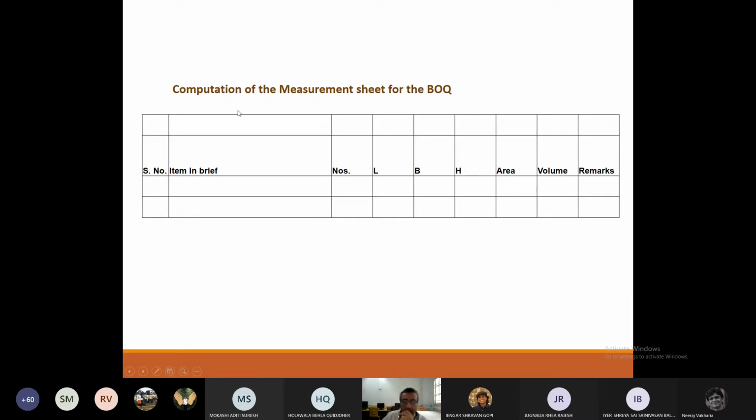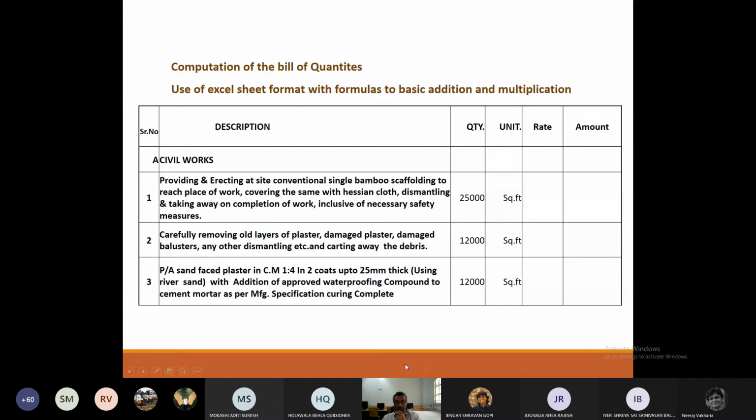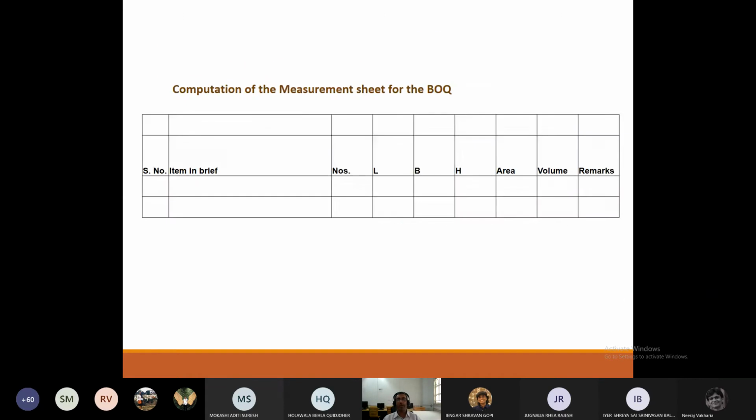If his estimate is now 15,000 and yours is 12,000, then you have the great possibility of checking where things have gone wrong by going back to your measurement sheet and checking whether the length, width and height that you calculated as per the drawing coincide with what he has written.